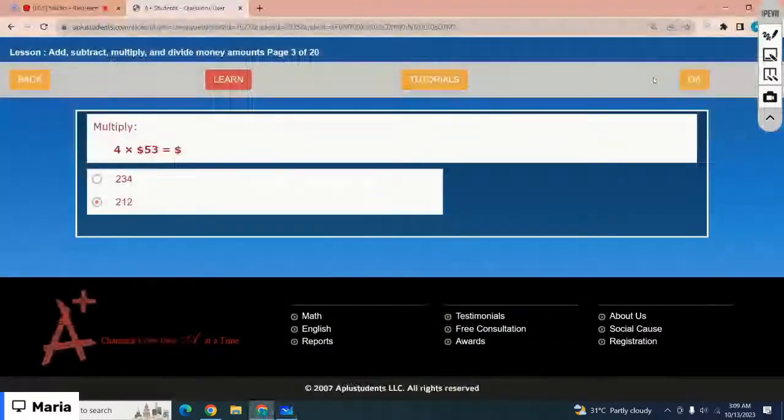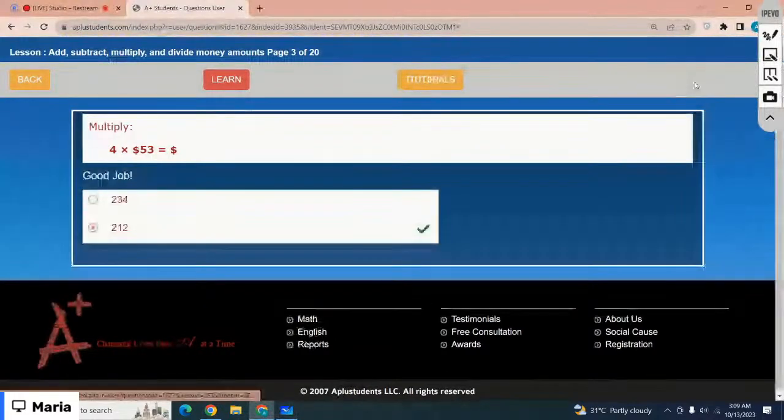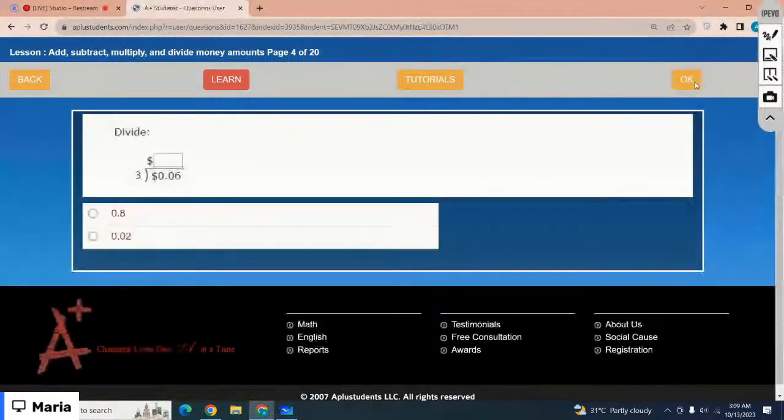Okay, for the next questions, you have to solve and write the answer in the chat box, right? The next one is divide 0.06 divided by 3. Which is the correct option when you divide? Use your notebook and pencil, divide and write the answer in the chat box.